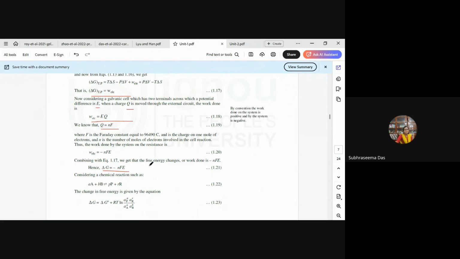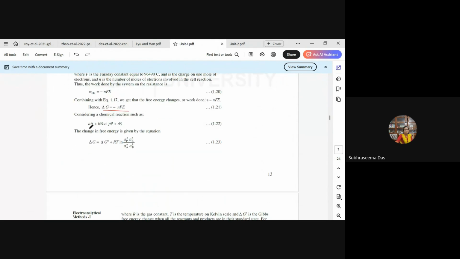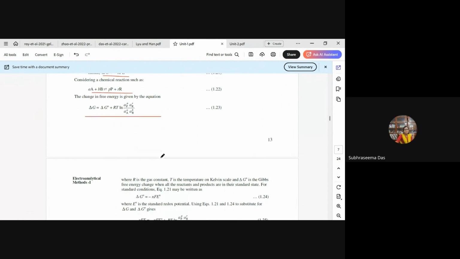Now again we will consider a chemical reaction, aA plus bB forming pP plus rR, where the small letters a, b, p, r represent the number of moles involved in the reaction. For this reaction, the change in free energy is given as del G is equal to del G0 plus RT into ln of the activity of the products by the activity of the reactants.